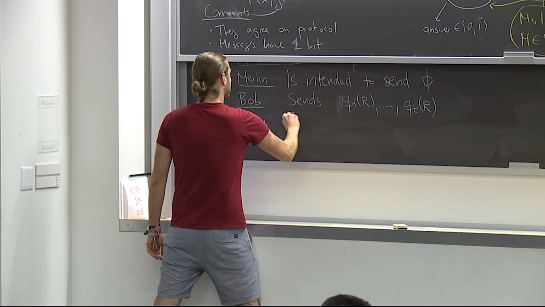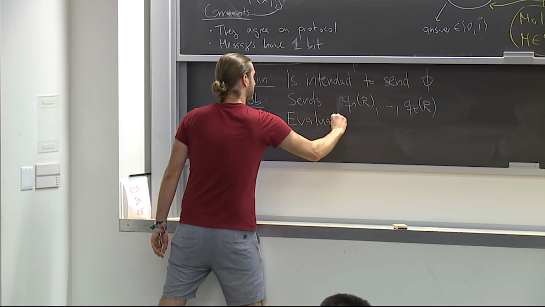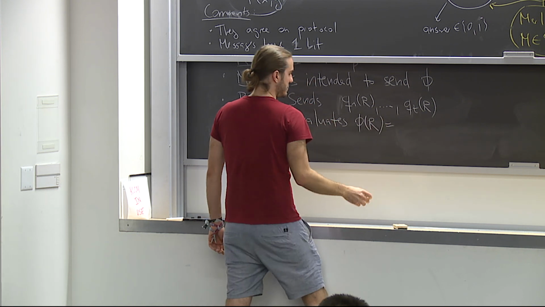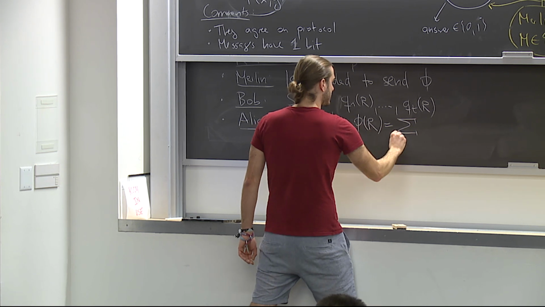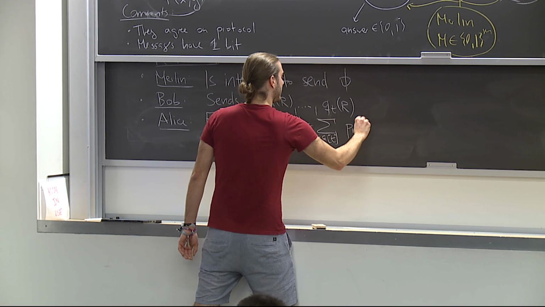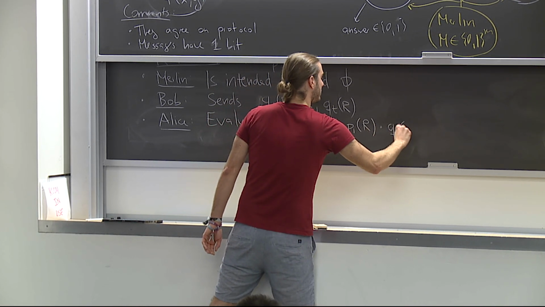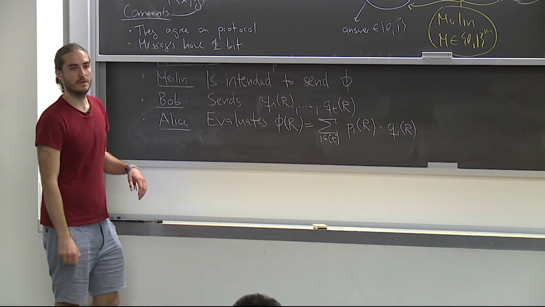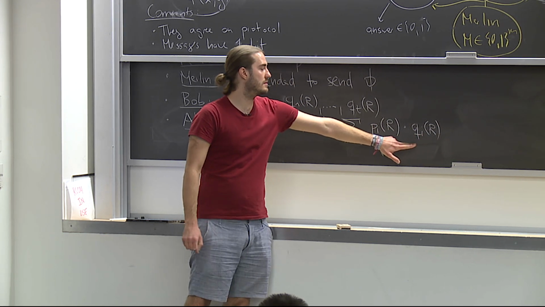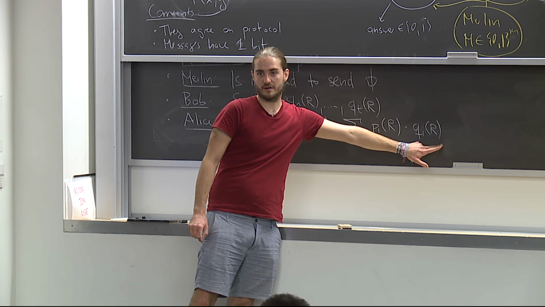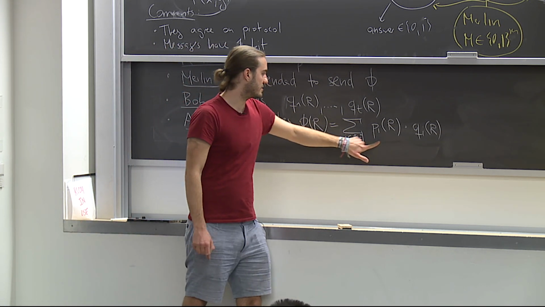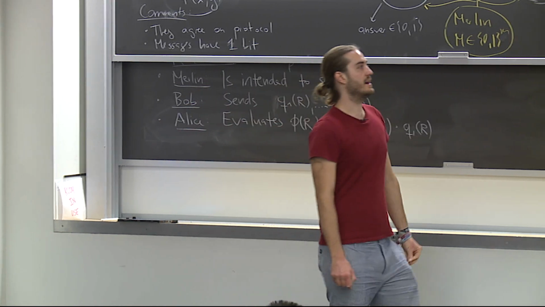First, she evaluates phi of R. Recall that this is just the sum over all i of Pi of R times qi of R. And she indeed has access to that. On the right-hand side, she has access to the qi's of R, because that's what Bob sent her. And the pi's of R are these polynomials which are only defined with respect to x.